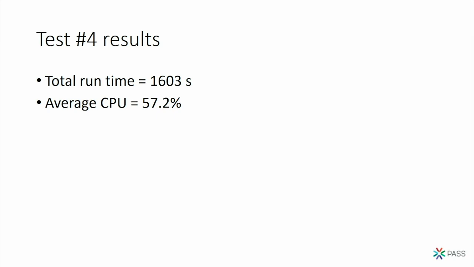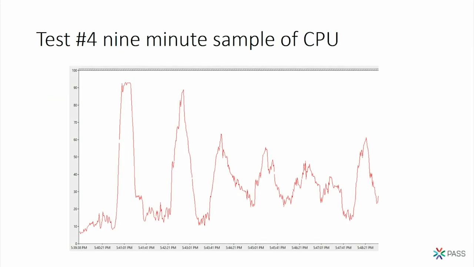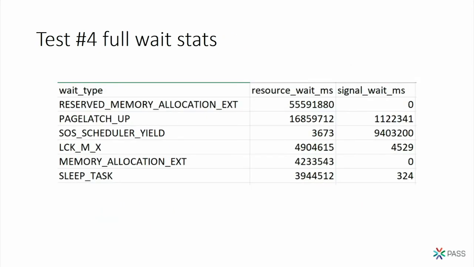Okay, it's a little faster. Knocked off a few minutes. 1,600 seconds. CPU spikes a bit higher, but it's very unstable. I'm not using enough CPU. I still have a CPU problem, not enough CPU. It's gotten better, right?